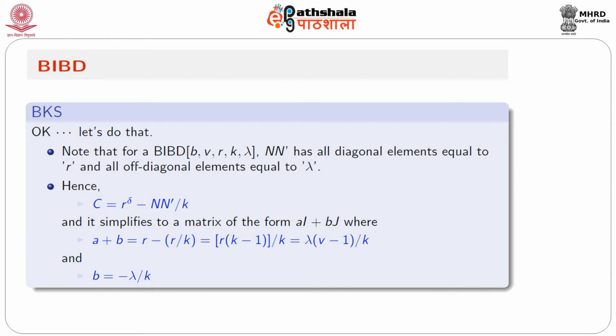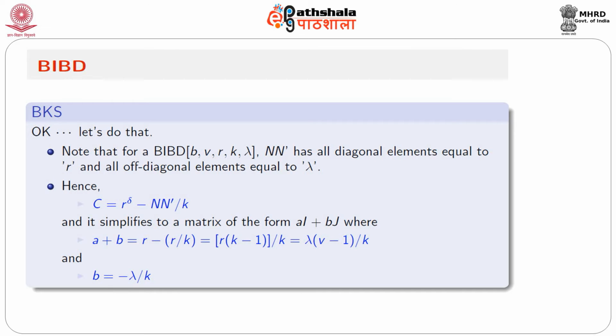So for a BIBD, N N transpose has all diagonal elements equal to r, and that lambda parameter now comes into play in the sense that all off-diagonal elements are equal to lambda. One can see that N N transpose is a square matrix of order v cross v. Diagonal elements are all r, off-diagonal elements are all lambda.